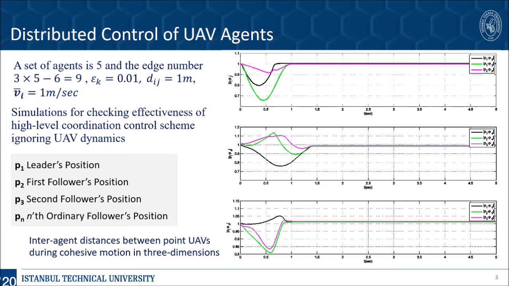The interagent distances are always kept at 1 meter in the steady state and never go under 0.7 meters at transient response. So we are able to keep the rigidity of the initial form of the point agents. So we satisfy the requirements of rigidity and constraint consistency for 5 agents, including 9 interagent distances, which can be seen easily on the right hand side figures.